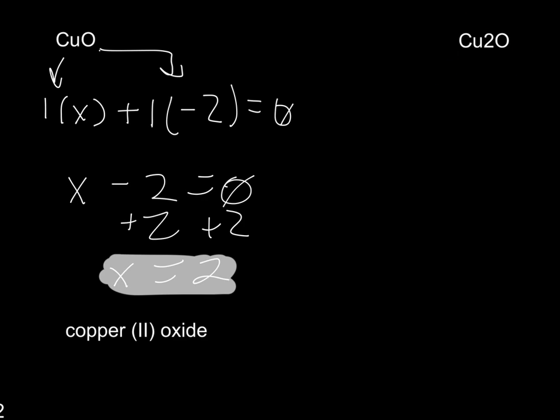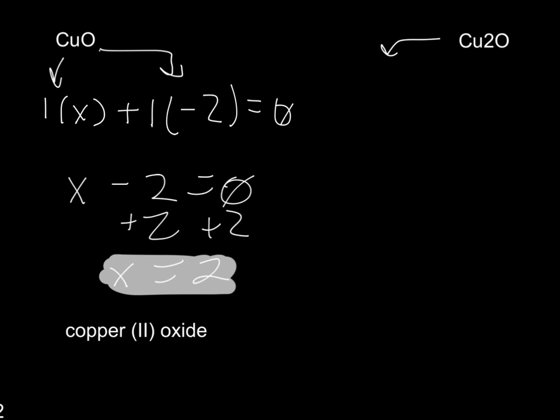Still, it's copper oxide. We need to know the magnitude of the charge on the copper so we could write the formula name. So once again, I have one copper with some sort of charge. I'm sorry, I even messed up on the video. Let's see if I can erase this. There we go. I have 2 coppers, and I need to know the magnitude of the charge on them. 2 coppers for every 1 oxygen.